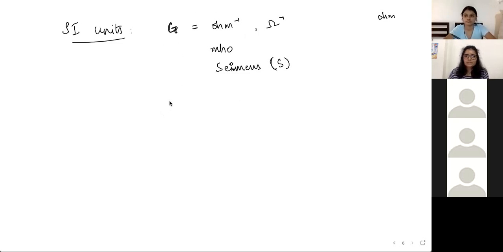Now from this, can you derive the SI unit for conductivity? I'll just write the formula here for your reference.